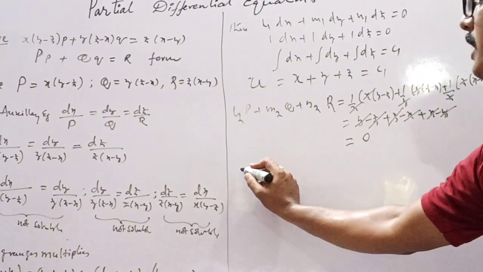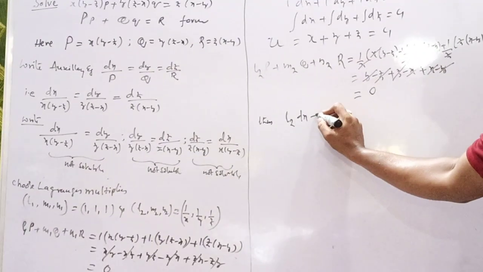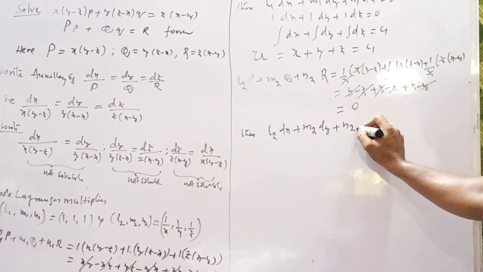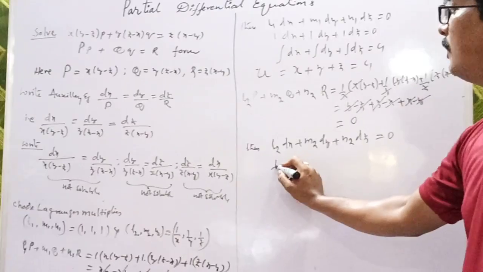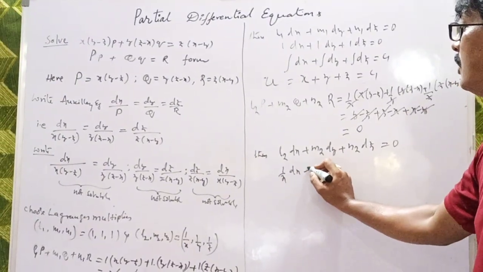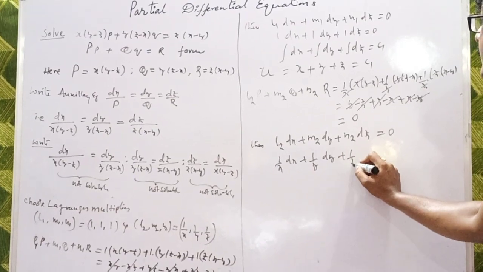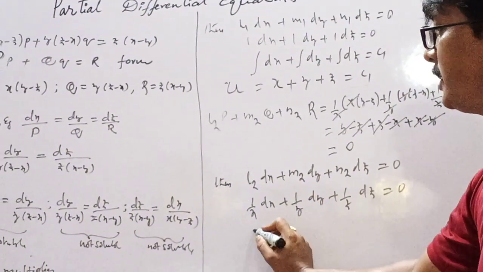Then the same condition: l2 dx, m2 dy, n2 dz equal to 0. What is l2? 1/x dx, 1/y dy, 1/z dz equal to 0. Take integration on both sides.